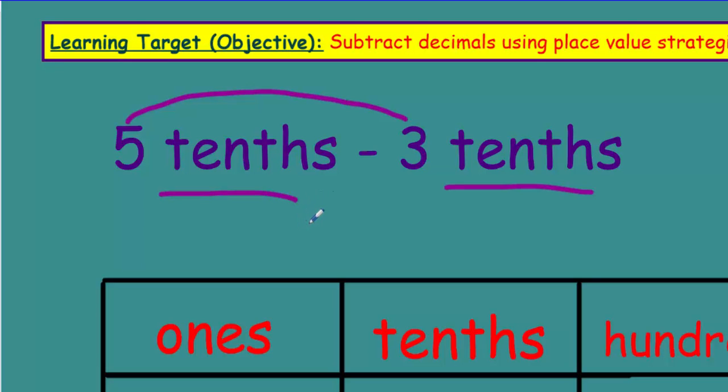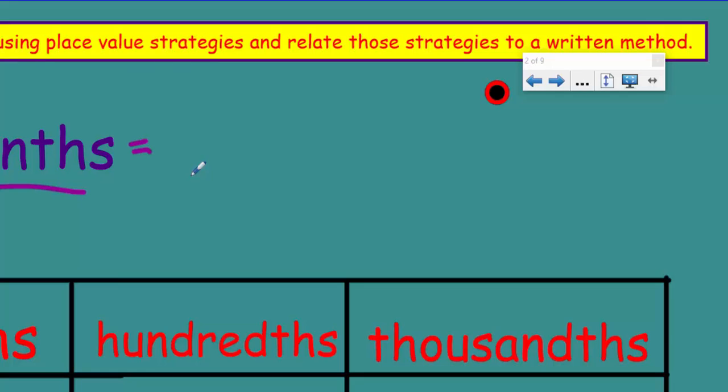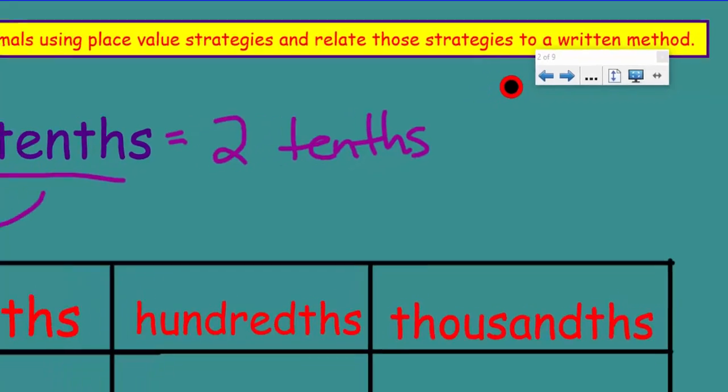And again, we had an example I think I gave in another video, but when you have the same kind of something, we can subtract them because the unit is the same and tenths are the same as tenths. So this would be pretty simple. I don't think we're going to need our place value chart. It's just going to be 2/10. And it's going to be 2/10 because we have the same unit and it's just 5 minus 3. Almost like whole numbers, right?